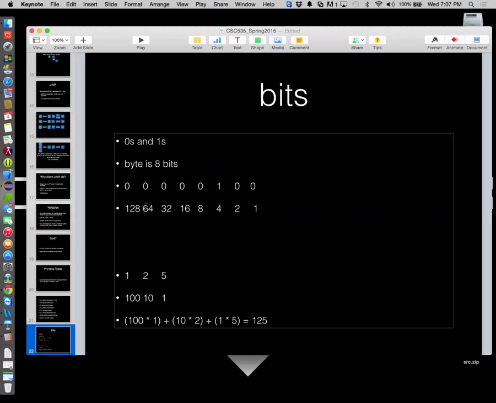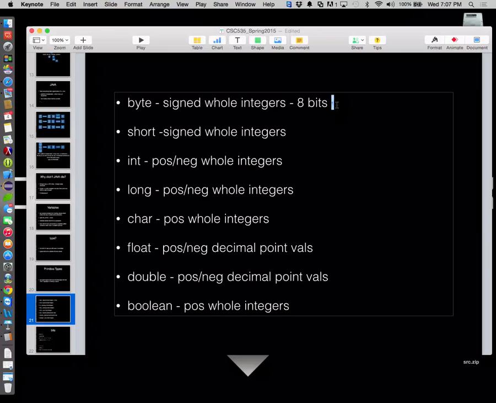So that's 64 plus 32 plus 16 plus 8 plus 4 plus 2 plus 1. So the range of values that fit into 8 bits, for signed, is negative 128 to positive 127.